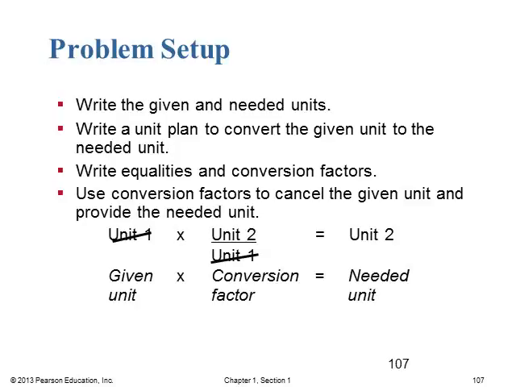You get that needed unit through some equality or conversion factor. Like I said before, with these conversion factors you're essentially just multiplying your units by 1, because you're using equalities that mean the same exact thing. So you're not changing your answer, you're just changing the values with different units, but they mean the same thing.